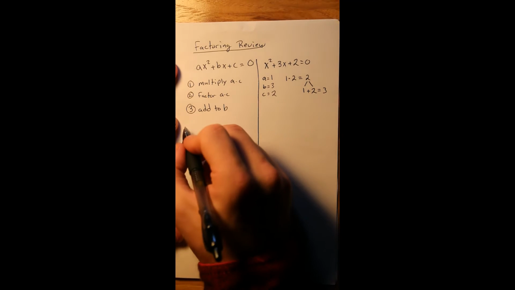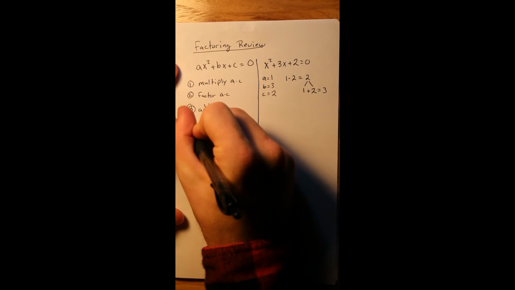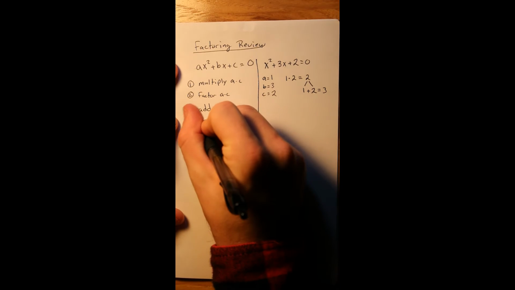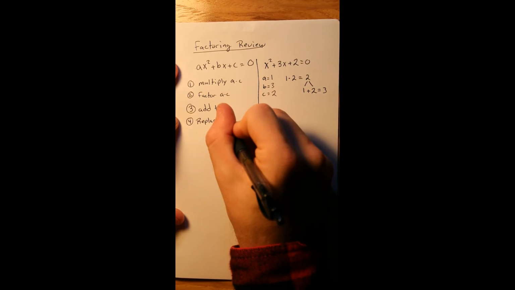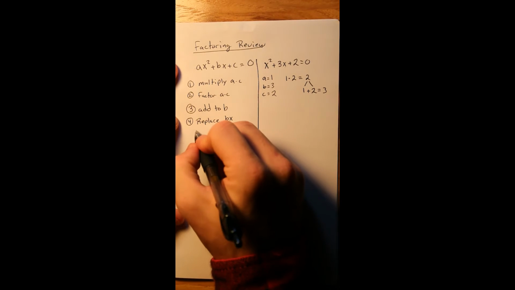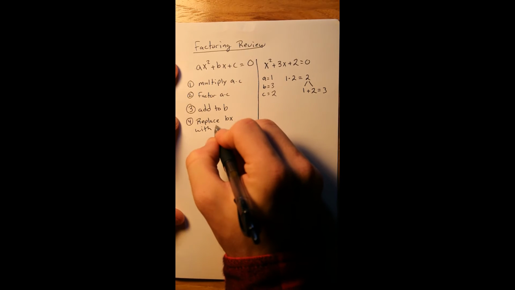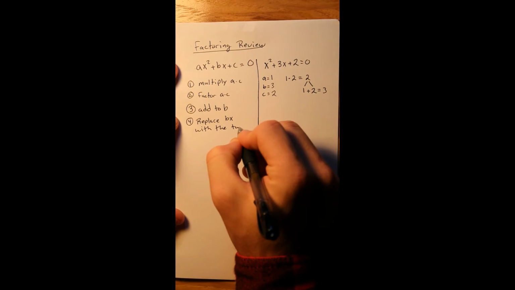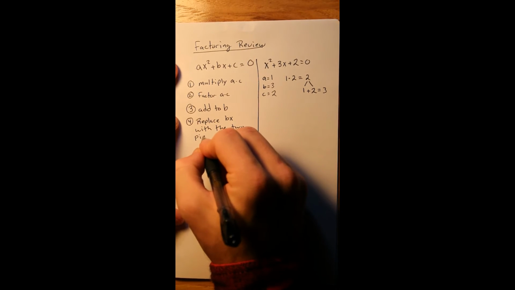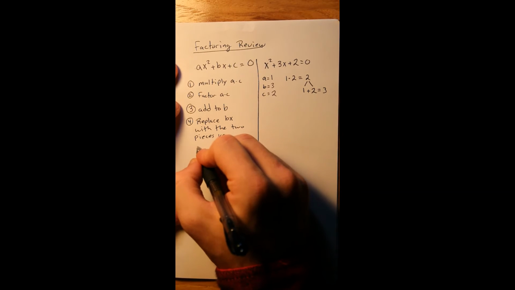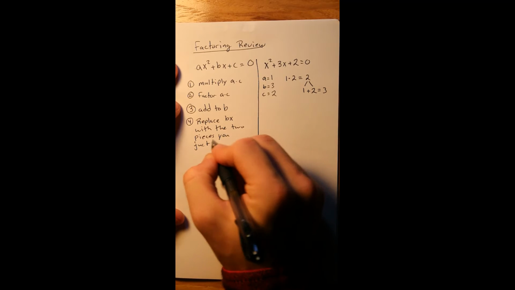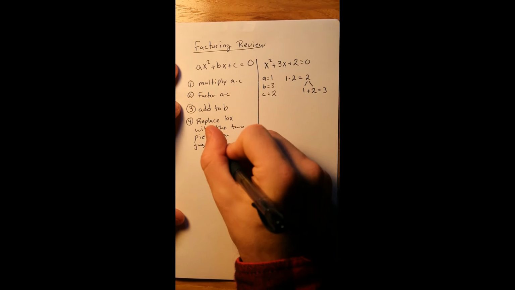Now, the next step, step 4, is to replace bx with the two pieces you just created.